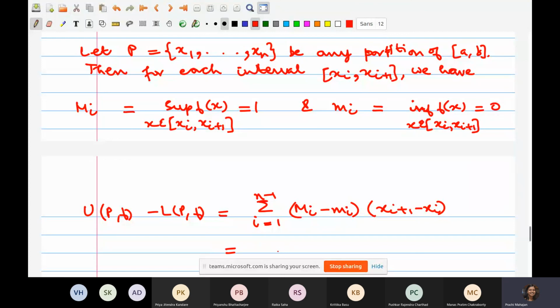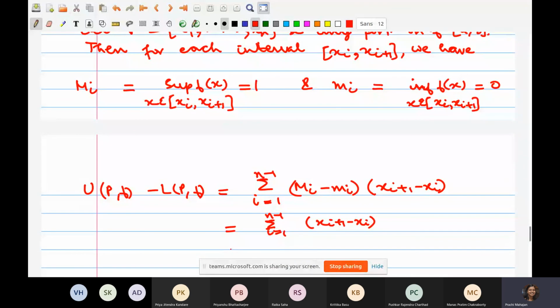But no matter which i we are at, capital Mi is 1 and little mi is 0, which means that this is going to be the summation of xi+1 minus xi, which is nothing but the length of the interval, b minus a.